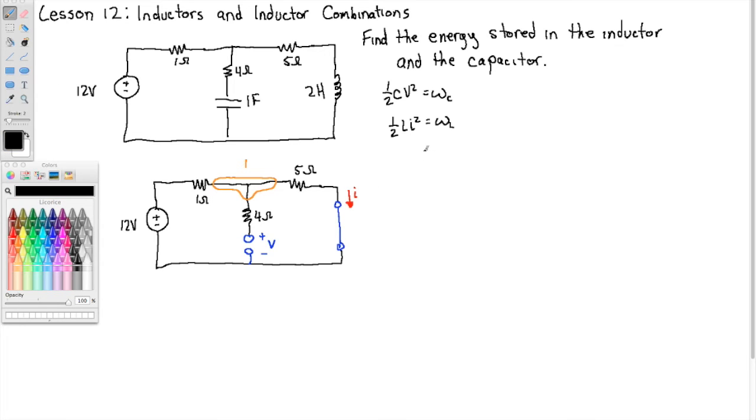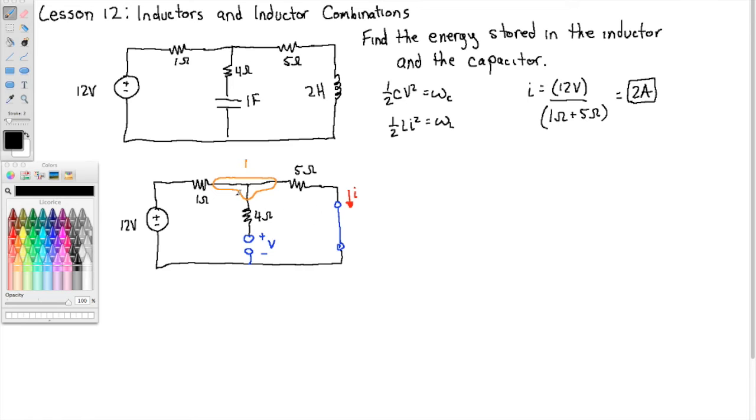So we can say I equals, from Ohm's law, 12 volts across that series combination, 1 ohm plus 5 ohms. So that is 2 amps.